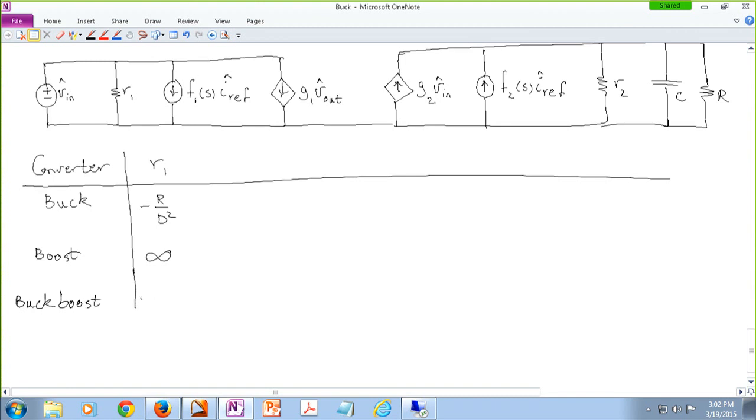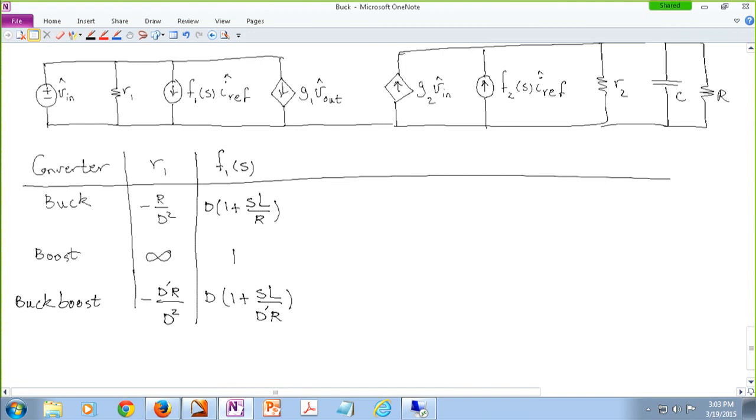The resistance is negative D prime times R over D squared. What about F1 of S? For the buck converter, it is D times 1 plus S times inductor value over the resistance value. For the boost converter, it is 1, and for the buck boost, it is D times D prime R.